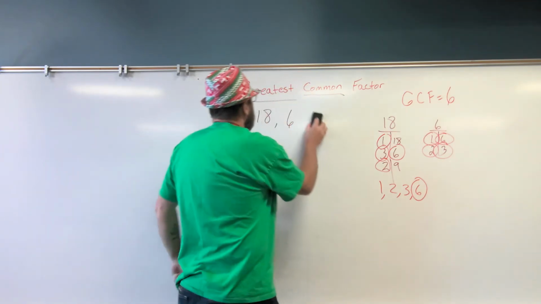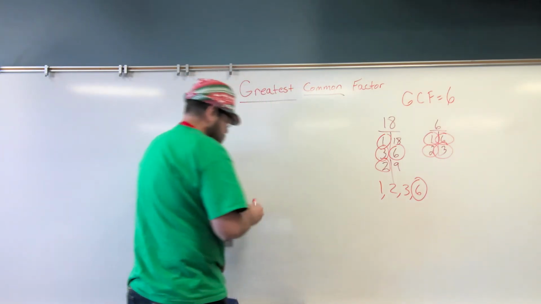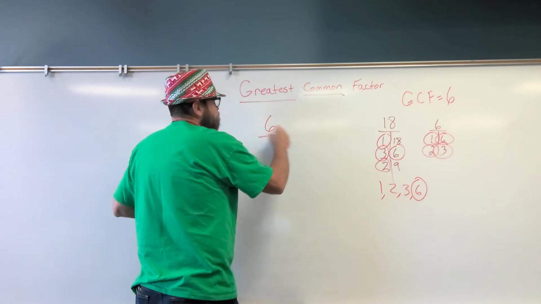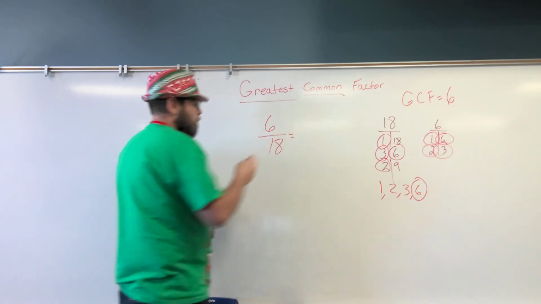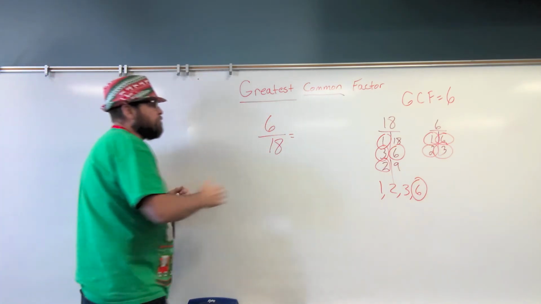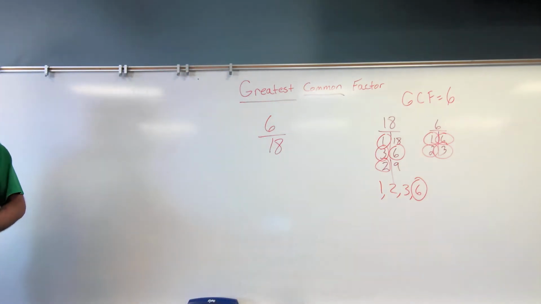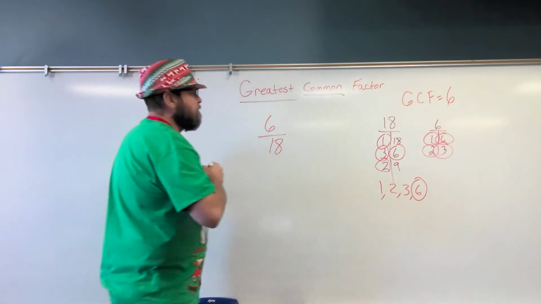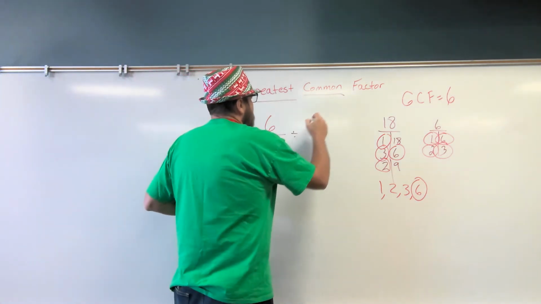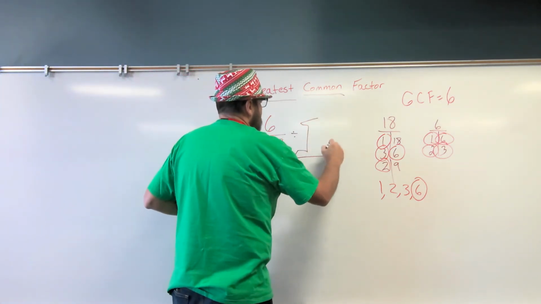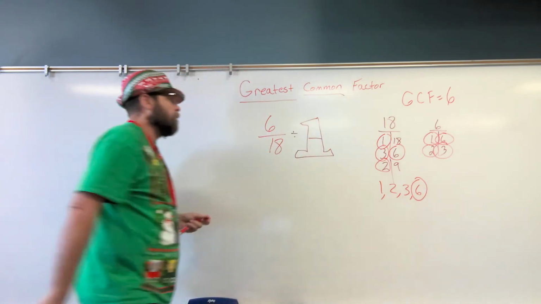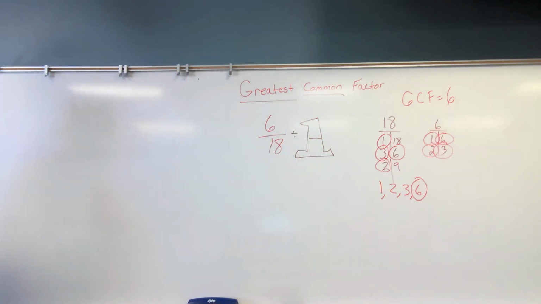However, if your instructions are to simplify the fraction, then you take that greatest common factor, which in this case is 6. You divide both your numerator and denominator by that greatest common factor.